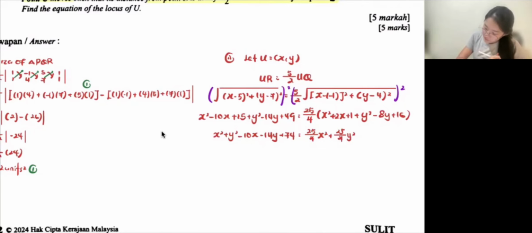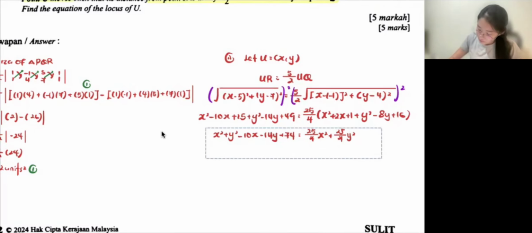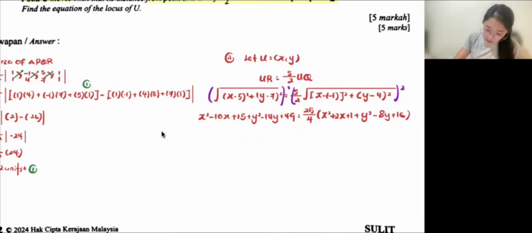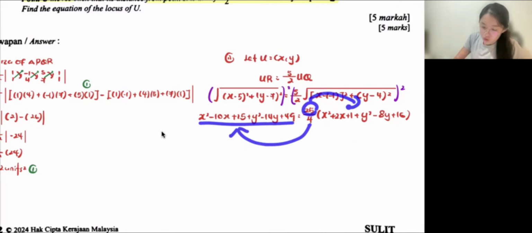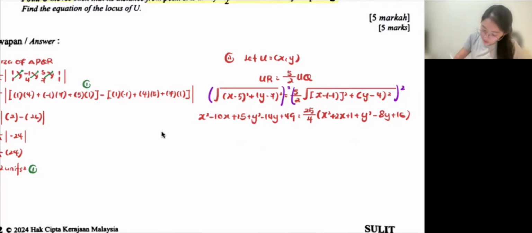Actually, I don't want to use the fraction. If I don't do this, the 4 at the bottom, I will move over to multiply all the terms here. Multiply all the terms here by 4, like that will be better without fraction.